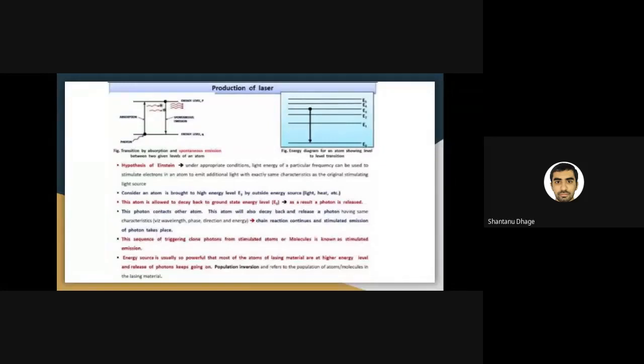Here is shown the transition by absorption and spontaneous emission between two given levels.